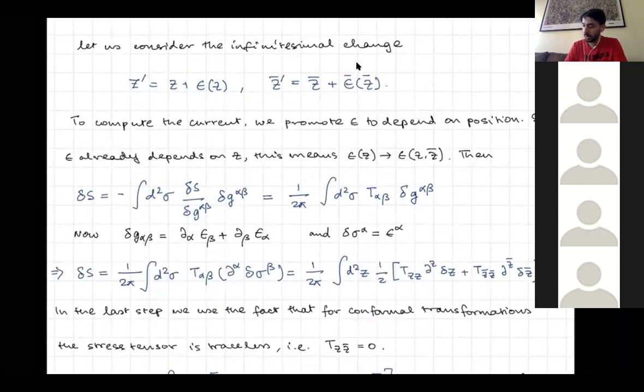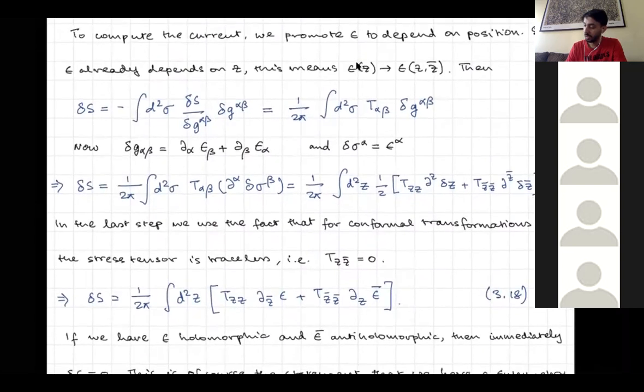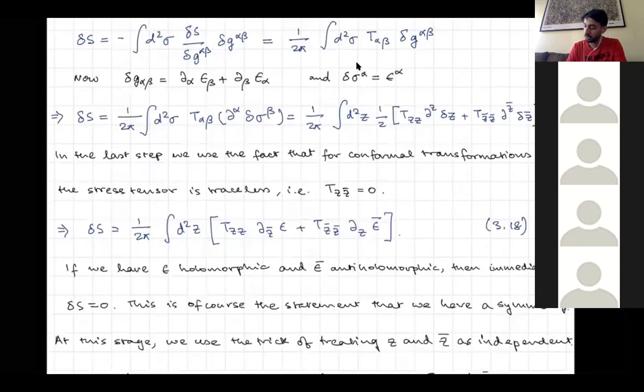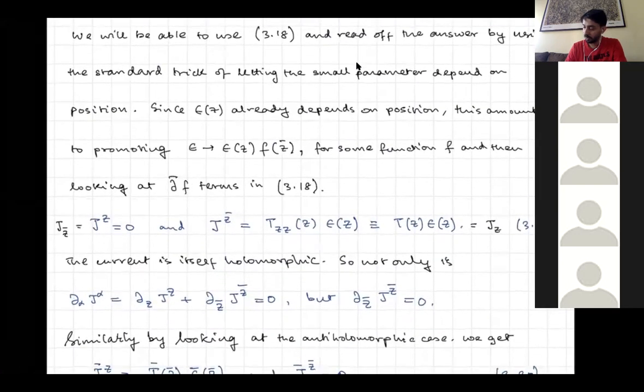We went through infinitesimal coordinate changes, found what the change in action would be, and from there found the form of j of z and j of z bar.